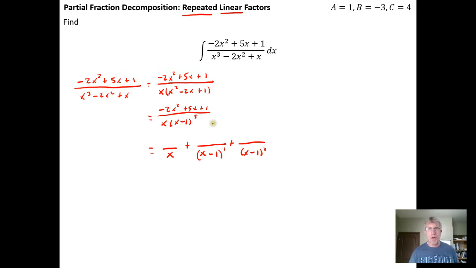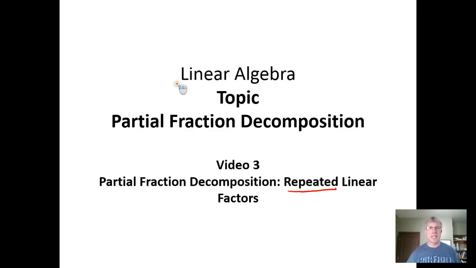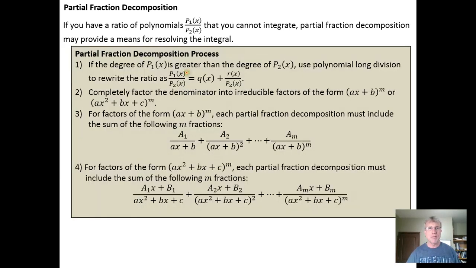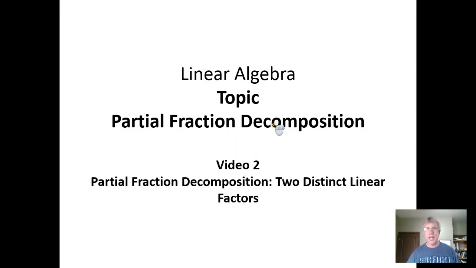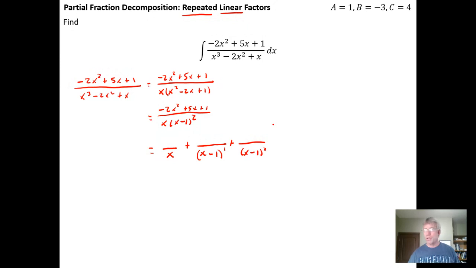You would have to have all possible powers that could show up. And that's coming from, if you look back on the slide that summarized the different situations we can find ourselves in, if we factored into the form ax plus b to the m, then we're going to have ax plus b to the first, to the second, all the way through the mth power. So that will generate for us m distinct terms.